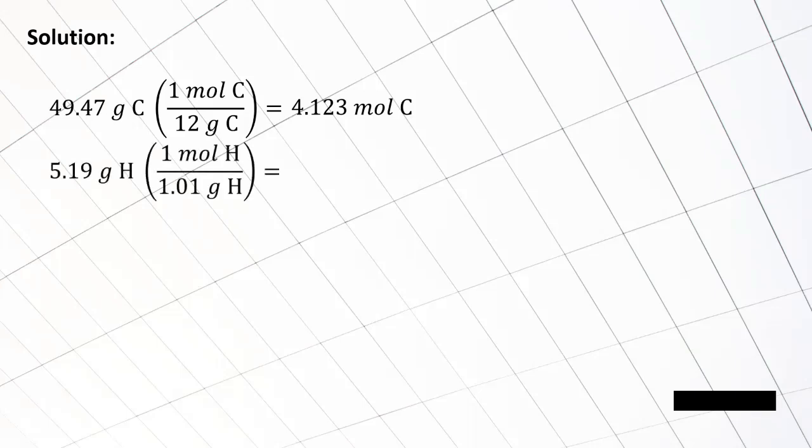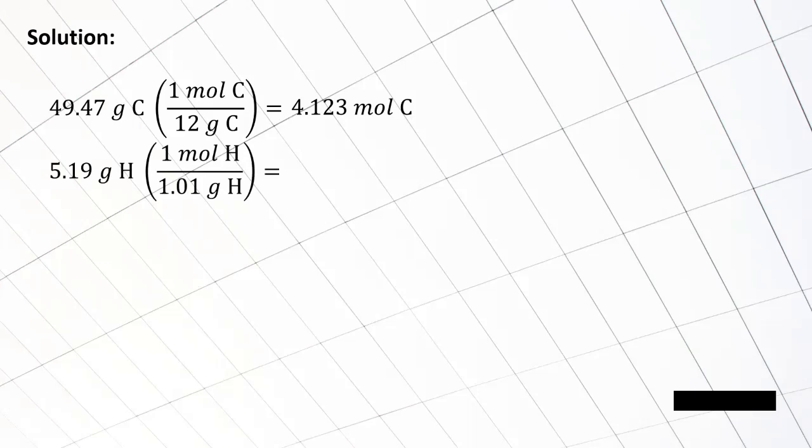Next, on our hydrogen, same process, we will just multiply 5.19 grams of hydrogen by its gram-mole ratio. And we know that in every mole of hydrogen, there are 1.01 grams of hydrogen. Some periodic tables may say 1.009 or 1.008, but again, it won't matter.